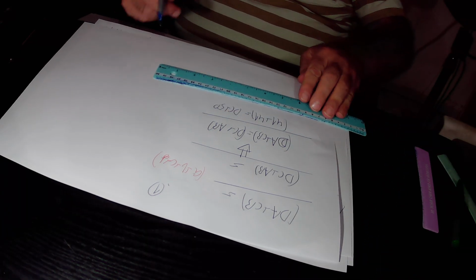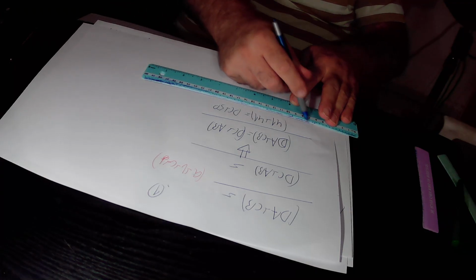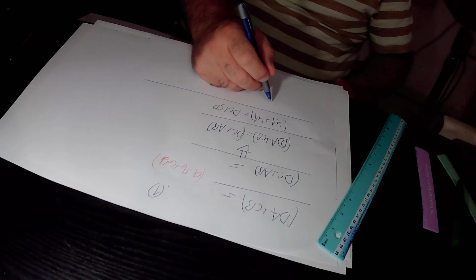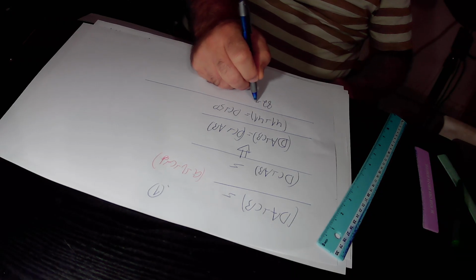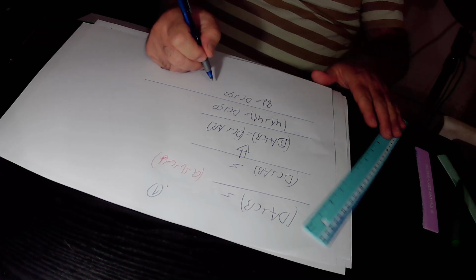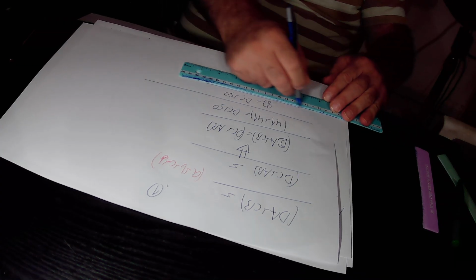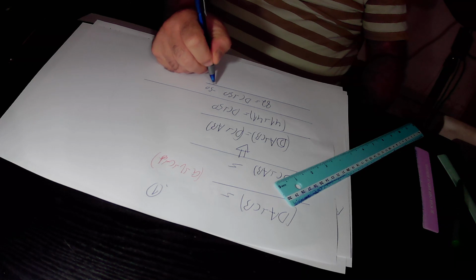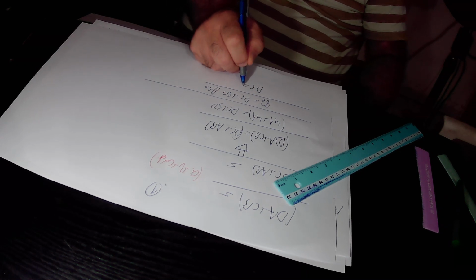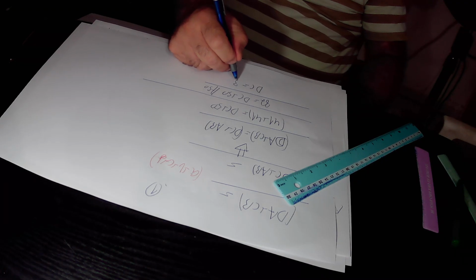So in total we found out that 41 plus 41 equals DC plus 50. 41 plus 41 is 82, equal to DC plus 50. Here we subtract 50 from the equation. And again the missing side DC is equal to 82 minus 50, which is 32.